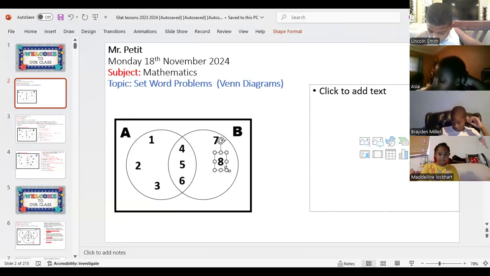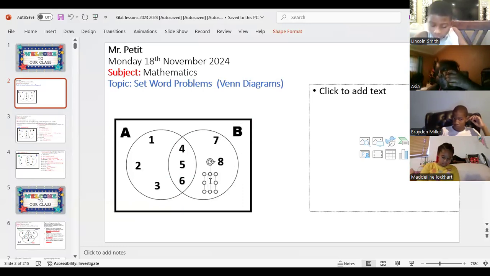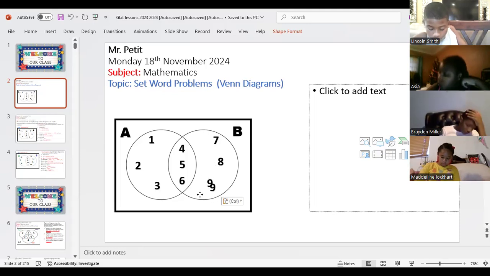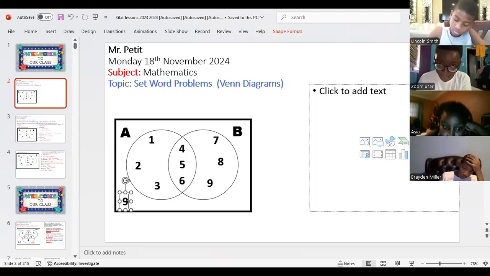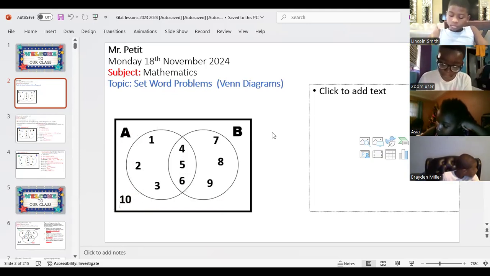Good afternoon, Mr. Petit. Sorry for my lateness. Good afternoon. Quickly draw the Venn diagram, a 9. On the outside, we have 10. Okay. So that's what we have.